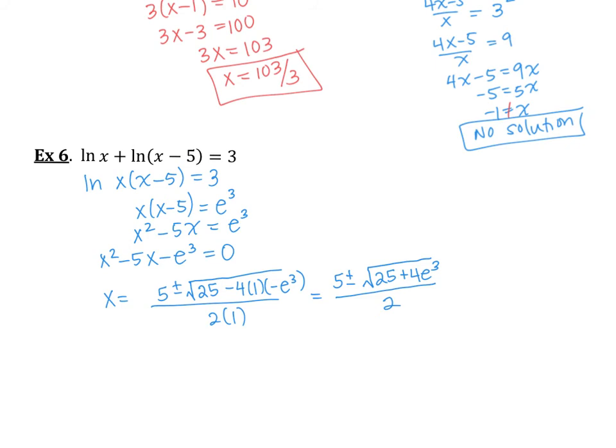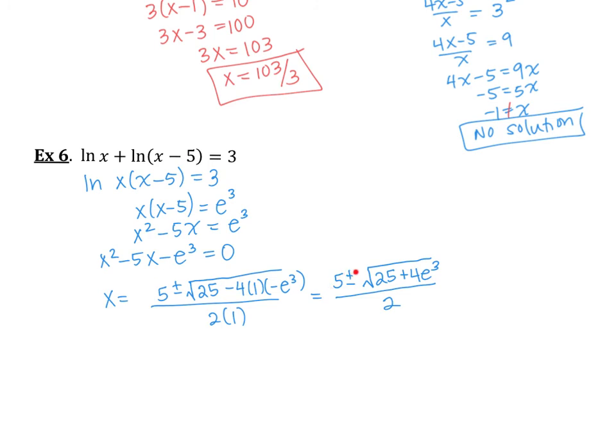And rough as it is, I still need to consider whether there might be an extraneous solution here. Okay, let's consider the plus first. If I do positive 5 plus the square root of this, I'm going to get a positive, and then if I divide by 2, it's still going to be positive. So it should be okay.